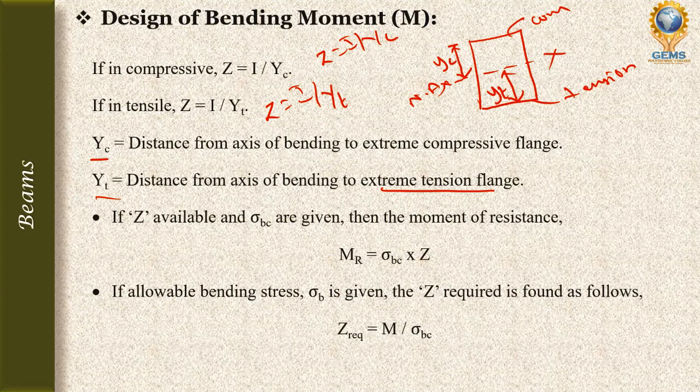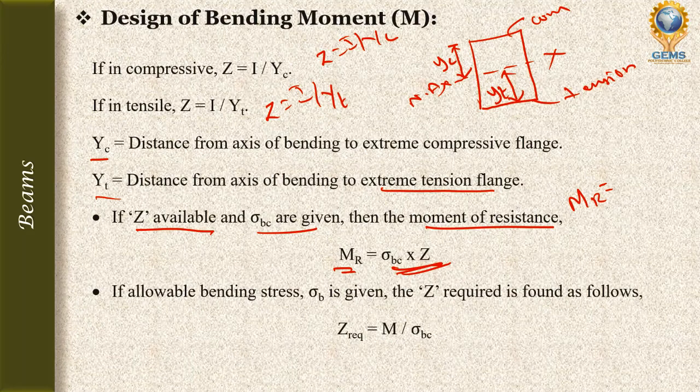Sometimes the section modulus z and sigma bc are given, then what is the moment of resistance? How can we find the moment of resistance? The moment of resistance is M suffix r, which is sigma bc into z.